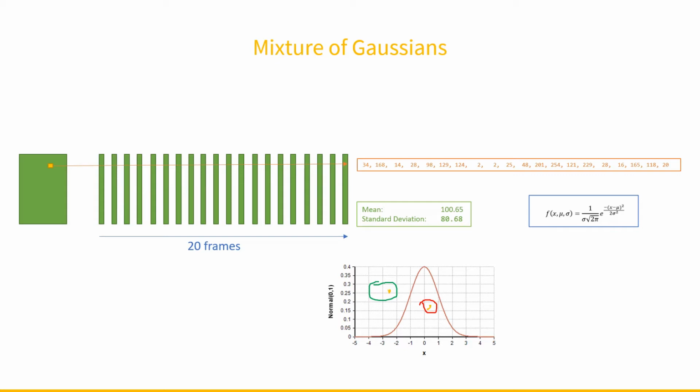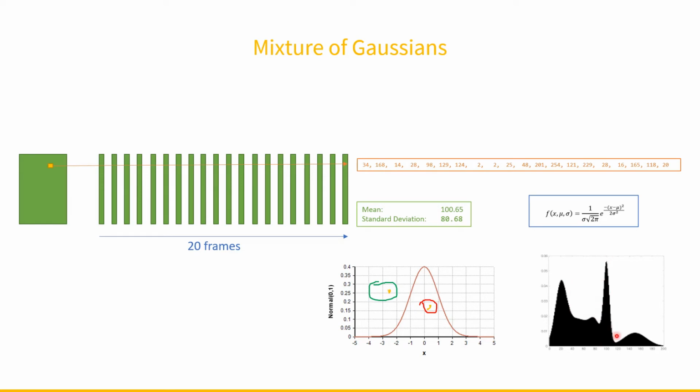So a mixture of Gaussians is this: now, on the left-hand side, we cannot represent the data with a single Gaussian curve, so we want to represent it by a mixture of Gaussian curves. If we fix the number of Gaussians, it automatically finds the Gaussians like this. A Gaussian can be represented by two values: one is the mean and the other is sigma.